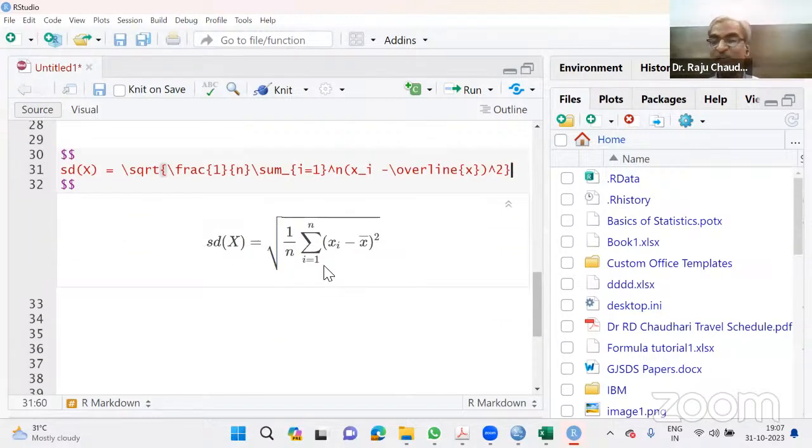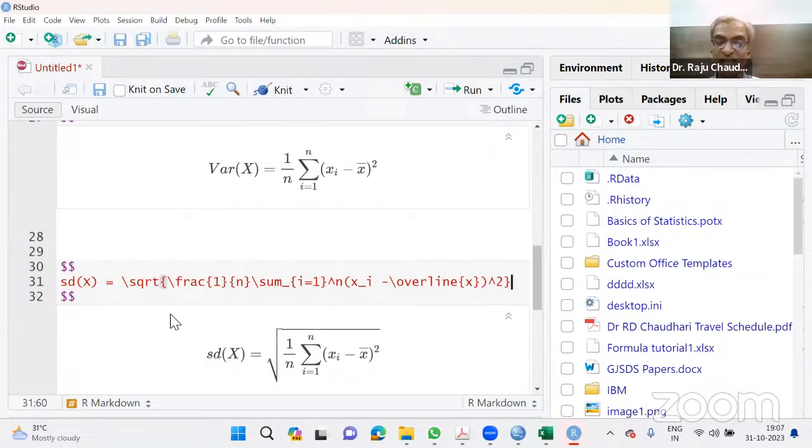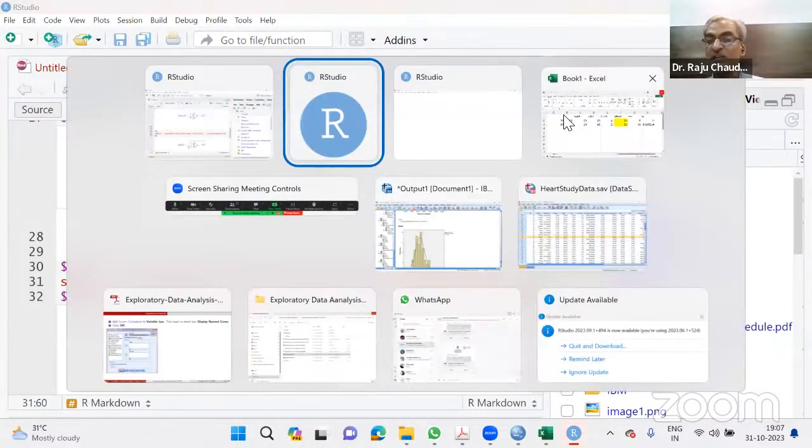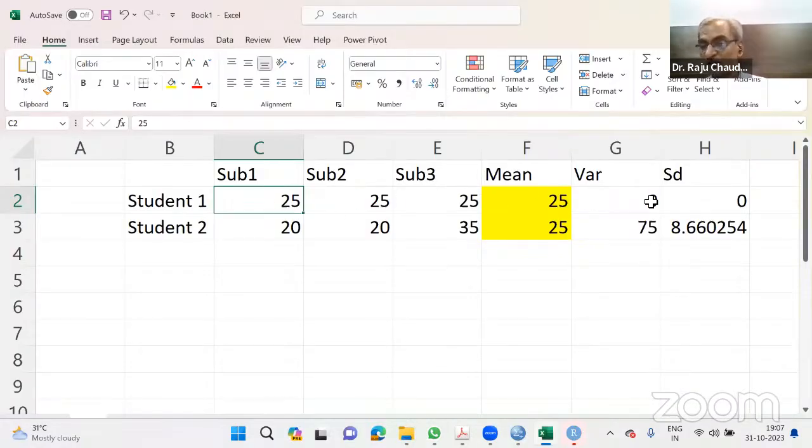So the standard deviation is just a measure to convert back into the unit of the variable. Basically, variance and standard deviation both are used to measure the variability, right? Suppose my variable x is weight, so the unit for the variance would be kilograms squared, for example 75 kilograms squared.